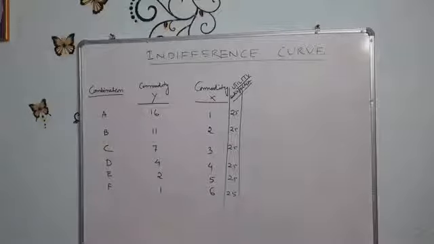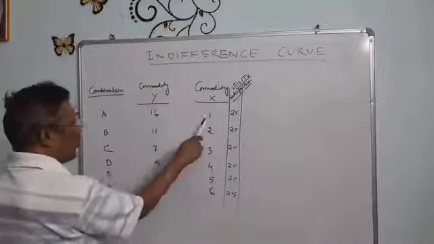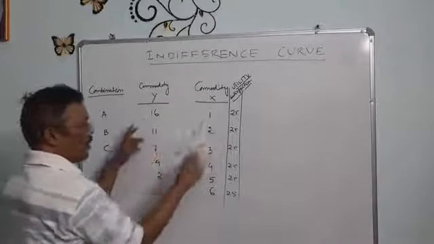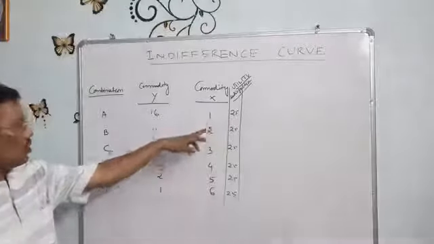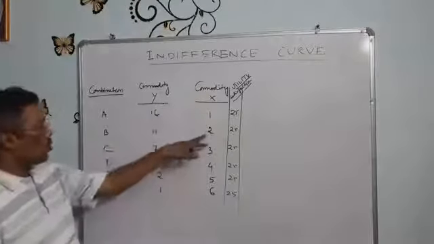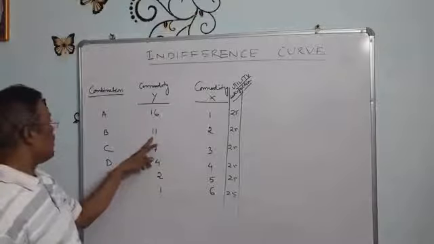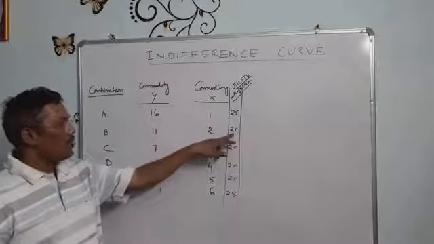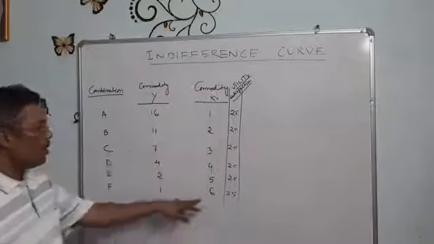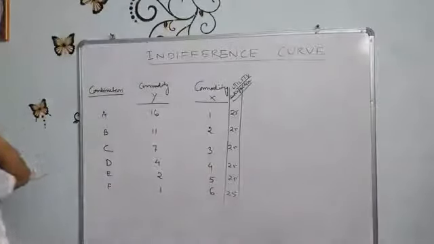It means if you are consuming 1 and 16, you will get 25 satisfaction. If you consume 2 units of X and 11 units of good Y, then you will get the same satisfaction, 25. Each and every combination gives the same satisfaction.